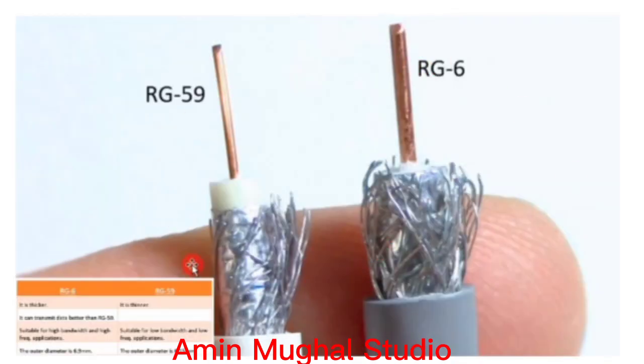You can see in this attached image we have both the cables, RG59 and RG6, and you can observe that the RG6 cable is thicker than this RG59. It has a heavier gauge conductor than RG59, so the transfer of data is better with this RG6 cable.